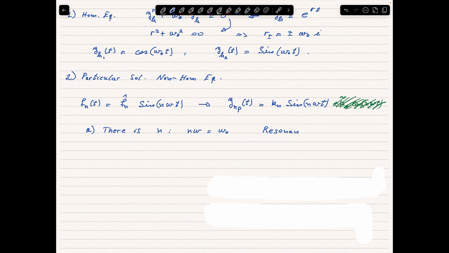When that happens, you see this multiple of omega for a particular n, let's call it n0. There is an n0 such that this happens. So when you have the n0 here, the function you are guessing is a solution of the homogeneous equation. That cannot be. So that is a wrong guess, and what we need to do in this case is make a second guess, which is a multiplication by t of the previous guess, isn't it?